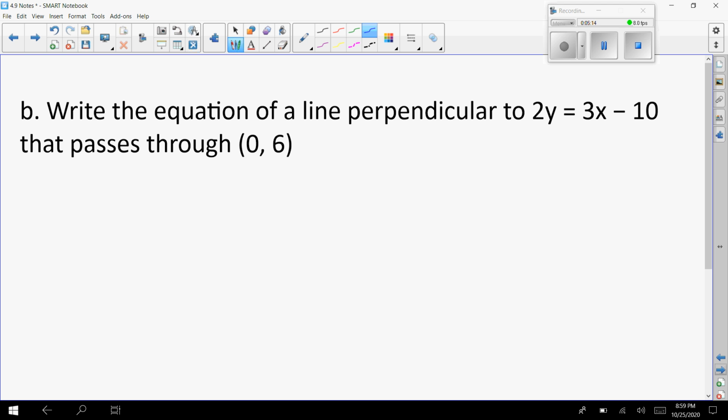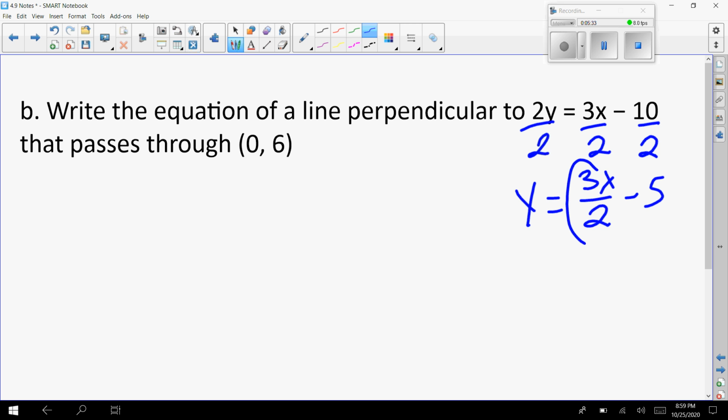This one we want perpendicular. And if you notice the equation, we do not have y by itself. We need to divide everything by 2 to get y by itself. So we have y equals 3 halves x minus 5. Here's my slope being 3 halves.